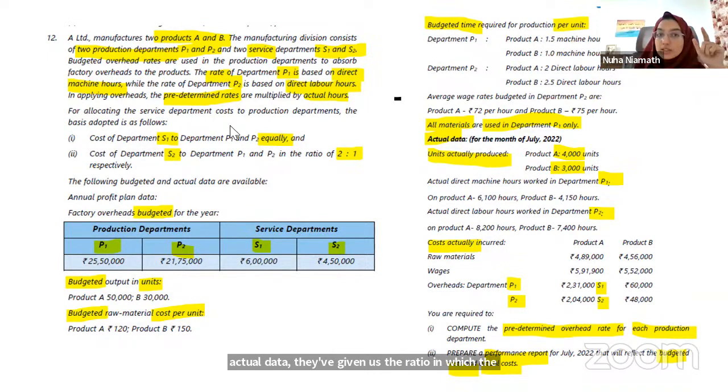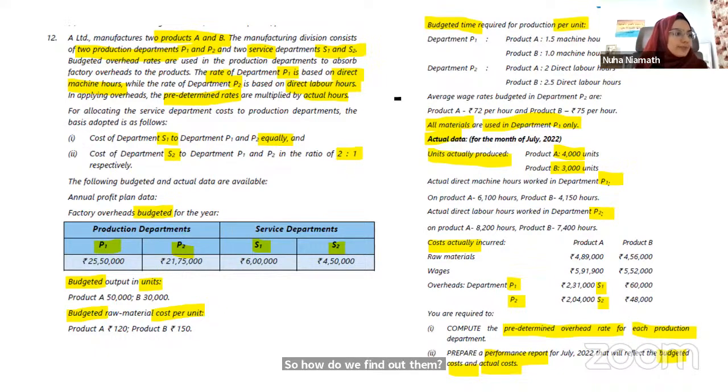They've given us the basis on which we will calculate the predetermined rate, and then accordingly we will calculate the predetermined rate and allocate the cost. So our first step should be to find out this predetermined rate. So how do we find out the predetermined rate?